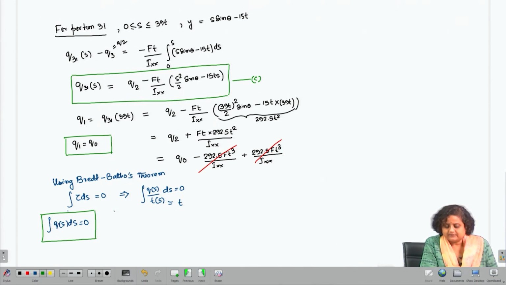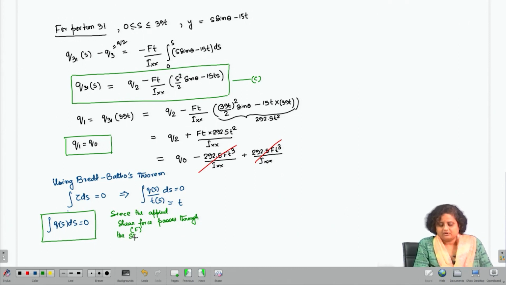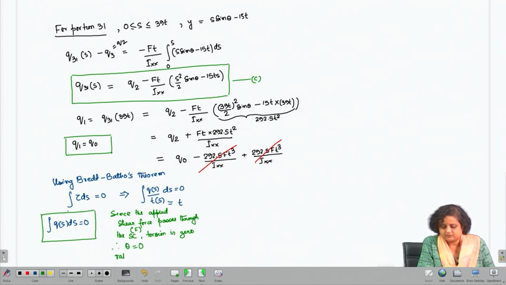So, let me write down: since the applied shear force F passes through the shear center, torsion is equal to 0, and therefore theta, the rate of angle of twist, is equal to 0.